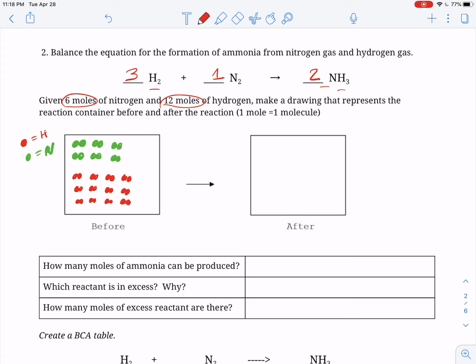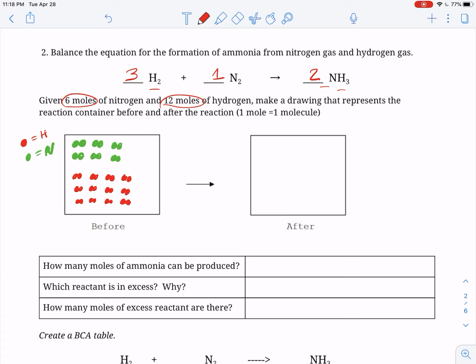So that means I'm going to need to use 3 H's, half of that one, and 1 N. So I'm going to have 3 H's and an N. Then I'll take another, that one and this next one, 3 H's and an N. So that's going to be 3. Now you don't have to do this every time. This is a little bit tedious, but I just want you to see what I'm doing.